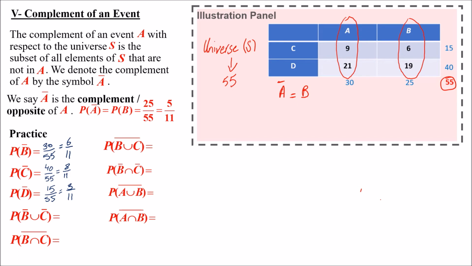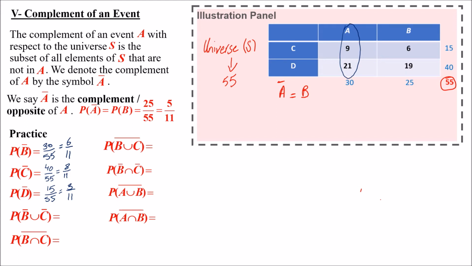Now we will find the probability of B bar union C bar. Let's erase here. Okay. So, probability of B bar. B bar is A. So here we are focusing on A. This is B bar.